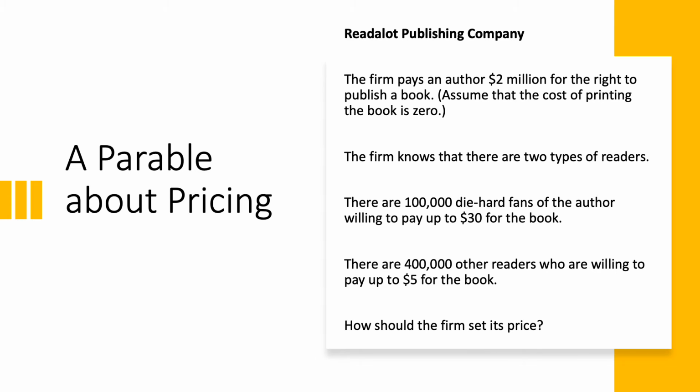If we charge everyone $5, we'll have the 400,000 other readers plus the 100,000 diehard fans. So we'll be selling in the area of 500,000 books times the $5 each. And our sales in this case would be $2.5 million, leaving us with a profit of only $500,000.